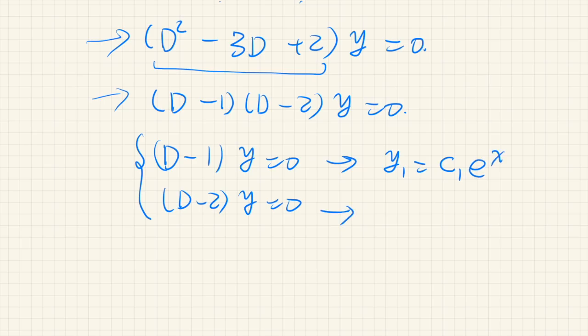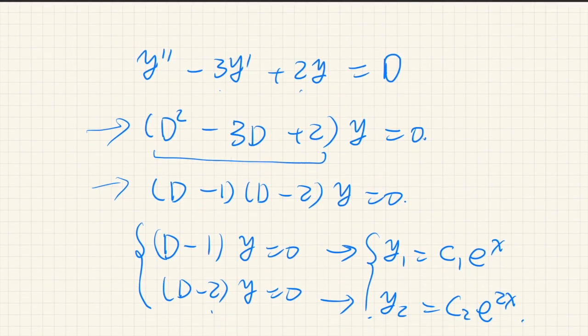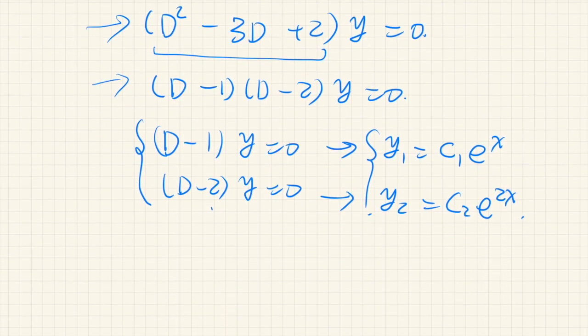So if you get used to it, it's immediate, okay? y2 is a constant c2 times exponential of 2x. So the general solution of this original differential equation is given as the sum of these two solutions. So c1 exponential of x plus c2 exponential of 2x, and we're done.